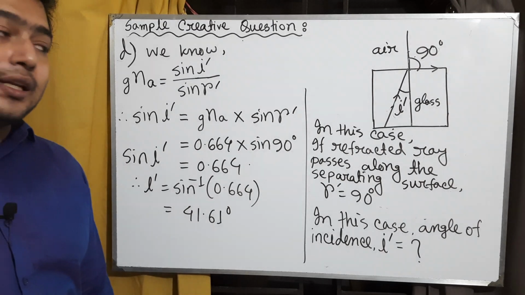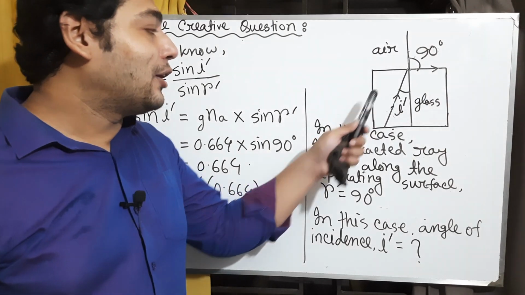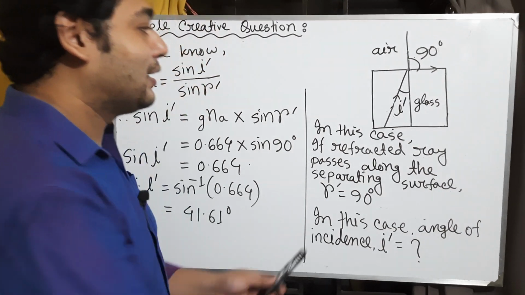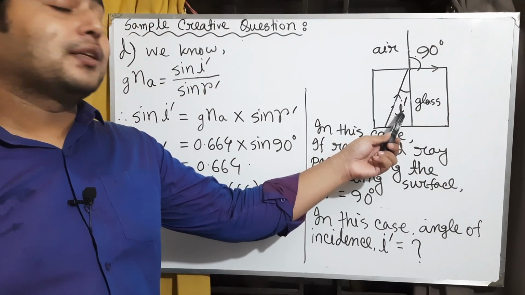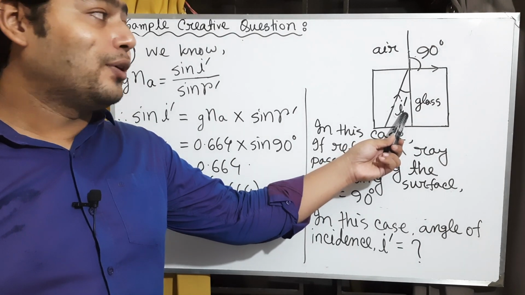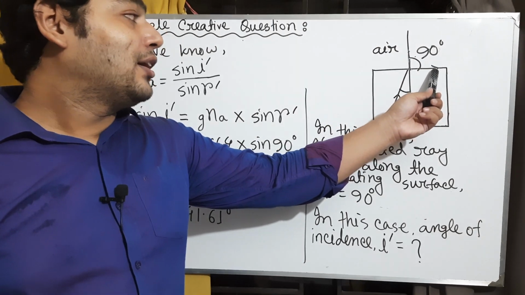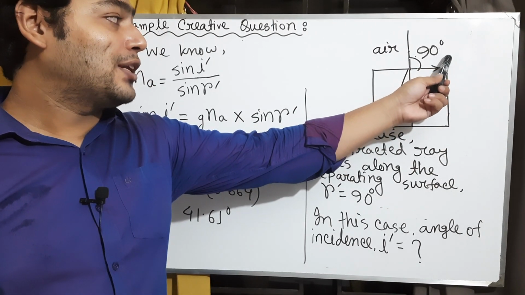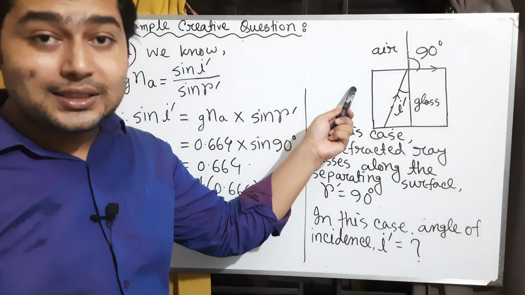Analyze mathematically. Here this is our modified figure. For what angle of incidence, which we don't know, the refracted angle will be 90 degrees. From this question we can draw this picture.